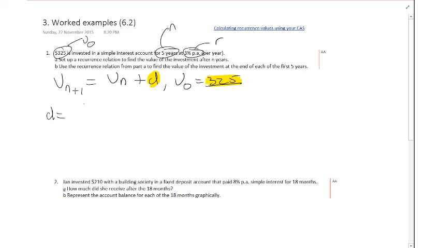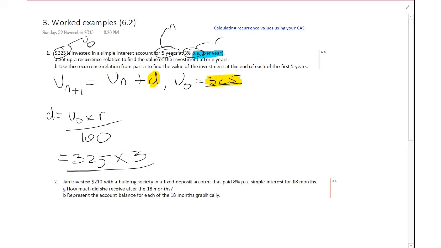So D equals, remember, V0 times R divided by 100. So that's going to be 325 times R. R is 3, because it's 3% per annum. Remember, per annum means per year, or annually means every year.